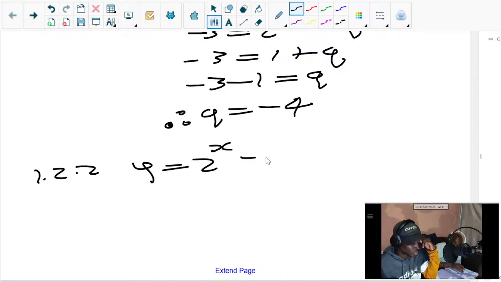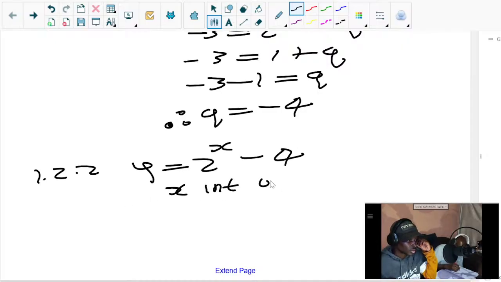Now, for the x-intercept, y equals 0. And then we can highlight where you see your 0.